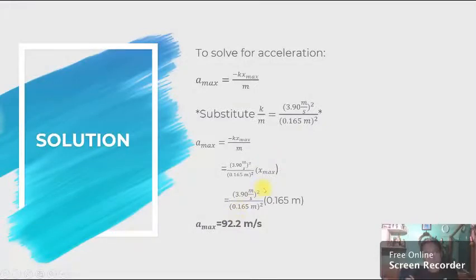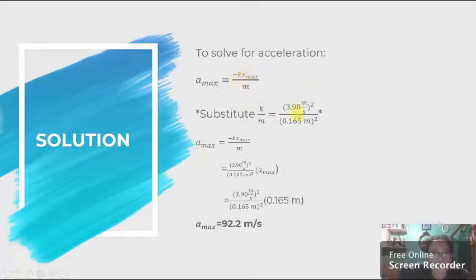And then to solve for acceleration, we're going to use the formula for acceleration that we got earlier. We got an answer of k over m, so we're just going to substitute it here.